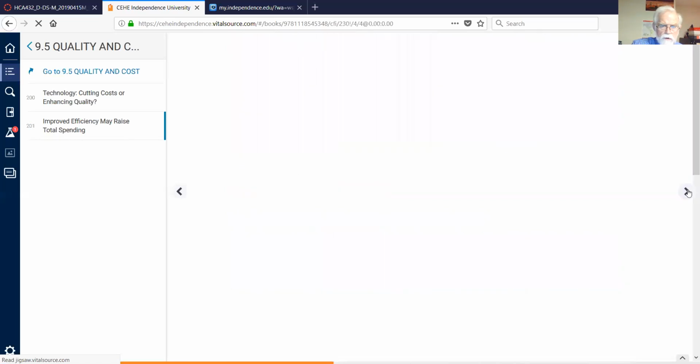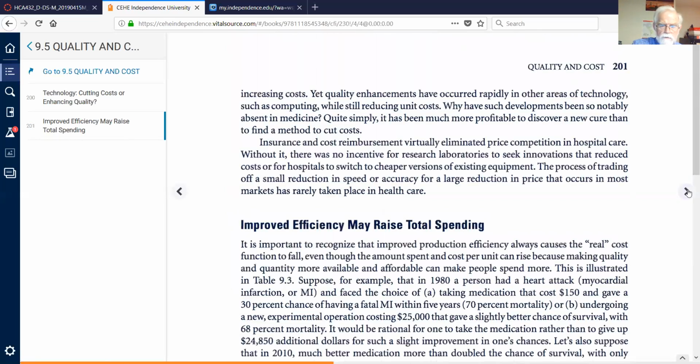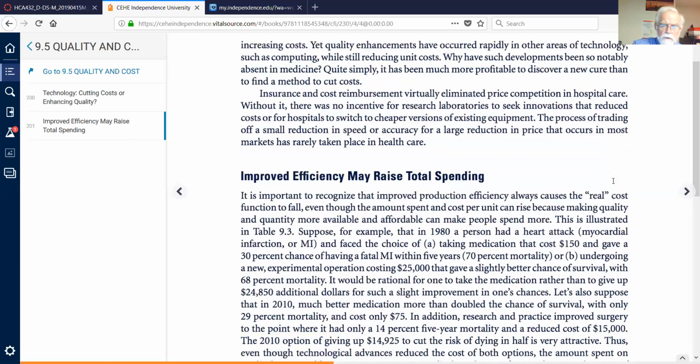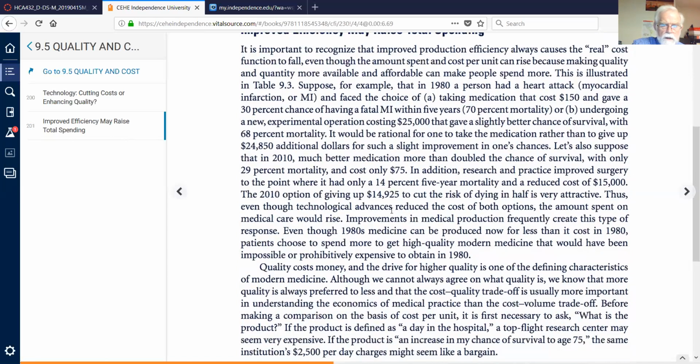But new medical technologies are expensive, and so we have no impetus really to cut care, since insurance and cost reimbursement have really cut the need or the desire on the part of the public to have a more efficient and cheaper system. Efficiency. This paragraph here, we have some interesting trade-offs.